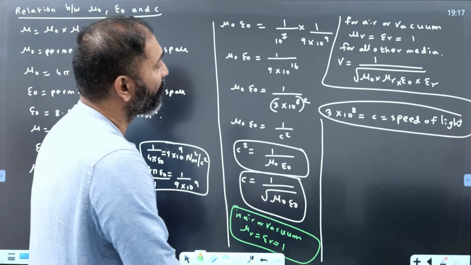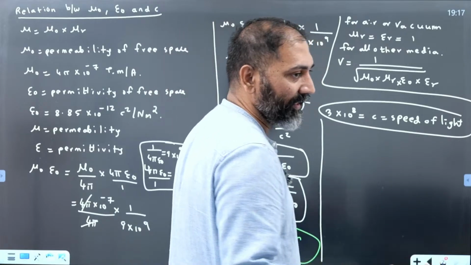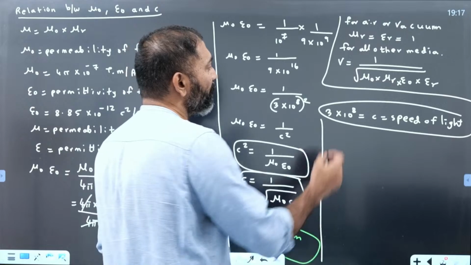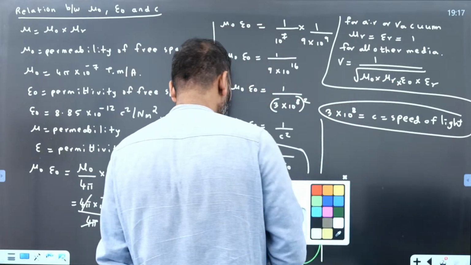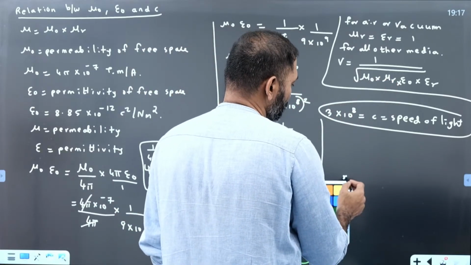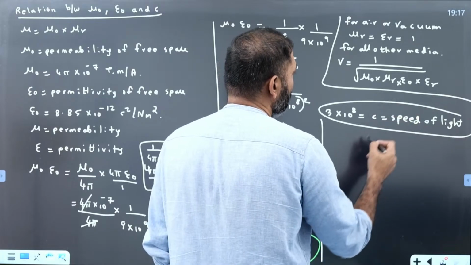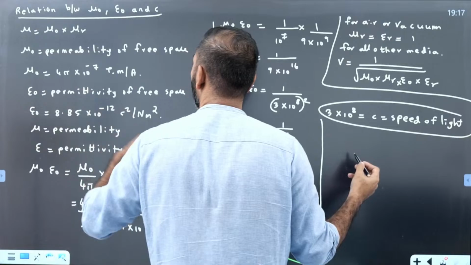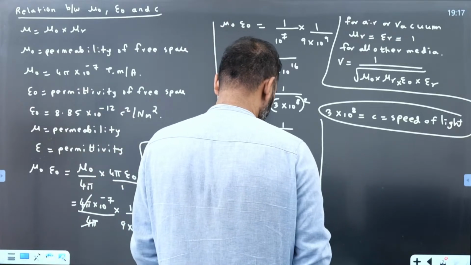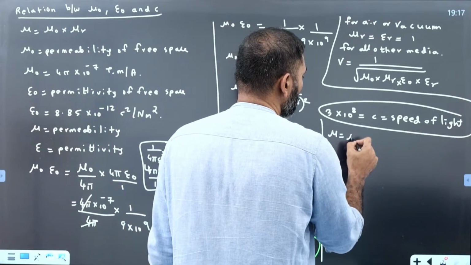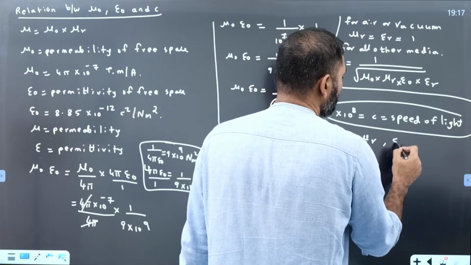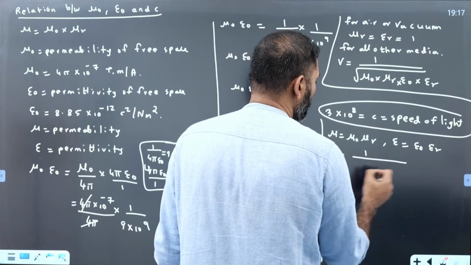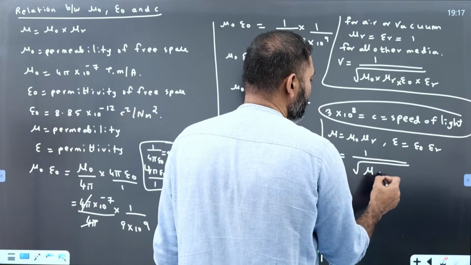Now, suppose we are discussing about any other media other than vacuum or air. You should use the formula V equal to 1 by root mu r, mu 0 epsilon r, epsilon 0. So what is mu 0 mu r? It is mu. What is epsilon 0 epsilon r? Epsilon. We know that mu equal to mu 0 mu r. Epsilon equal to epsilon 0 epsilon r. So V is equal to 1 by root mu epsilon.